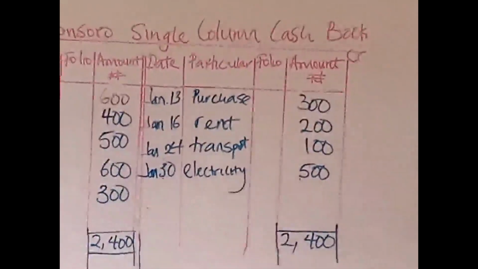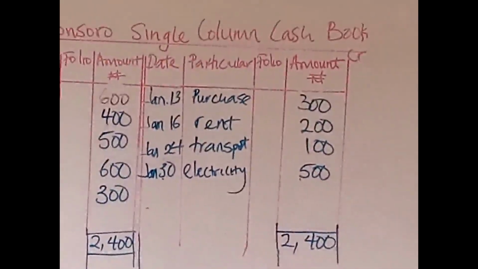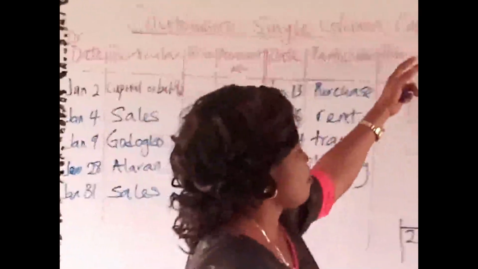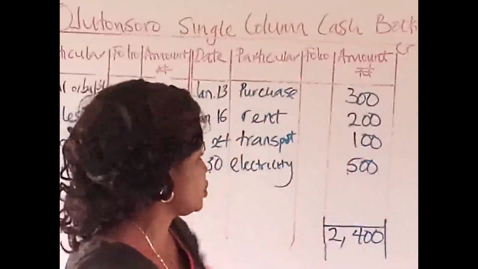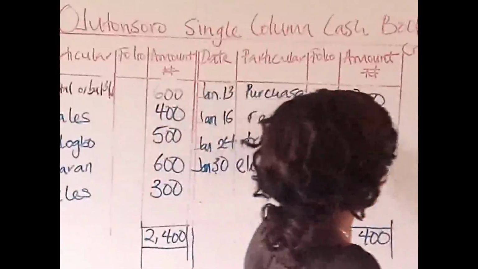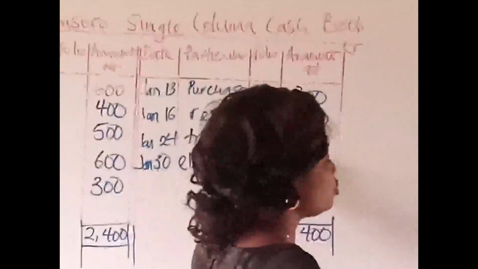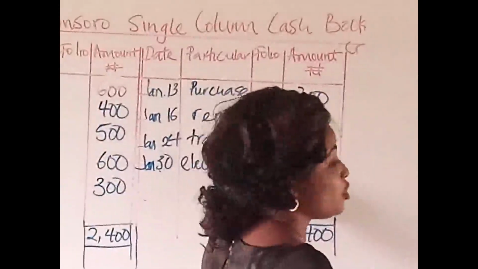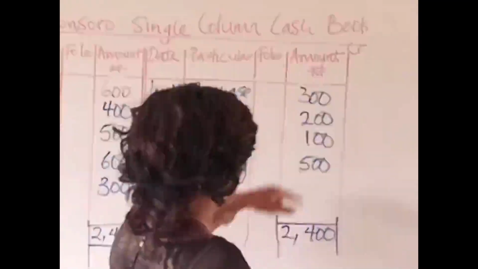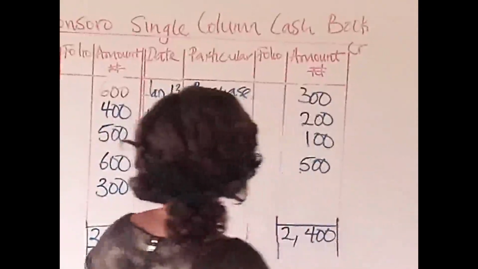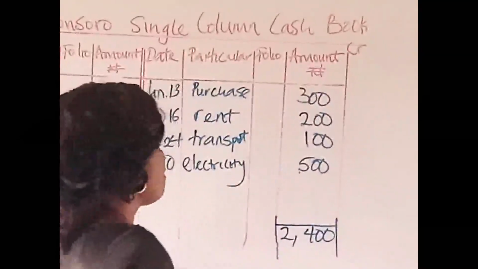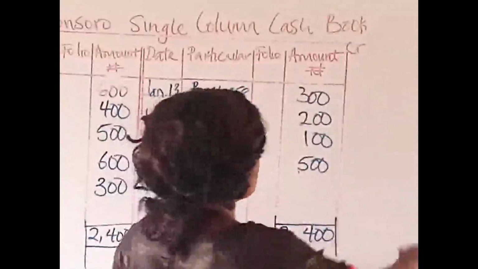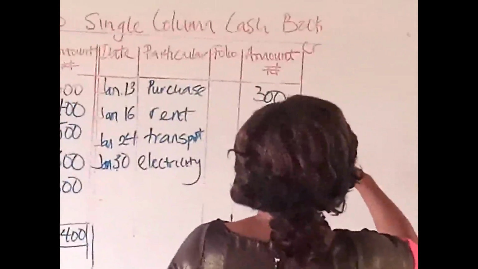Now in a rough sheet, you are going to add up what is in credit side. 300 plus 200, 500 plus 100, 600 plus 500, 1,100. You now say that 2,400 minus 1,100.